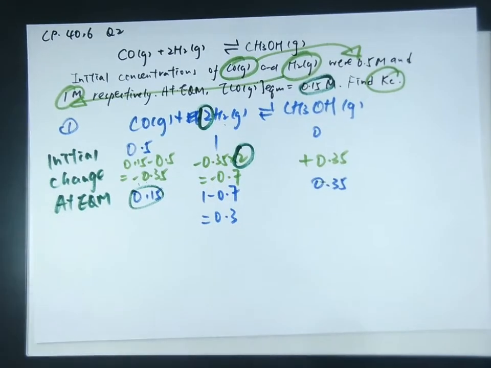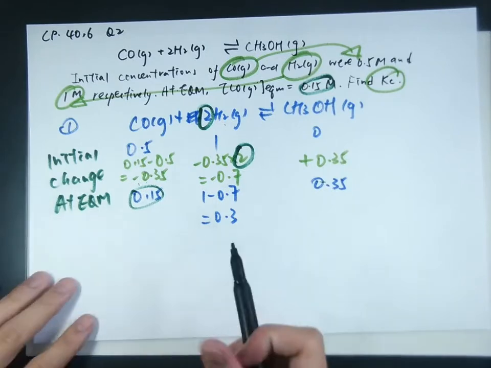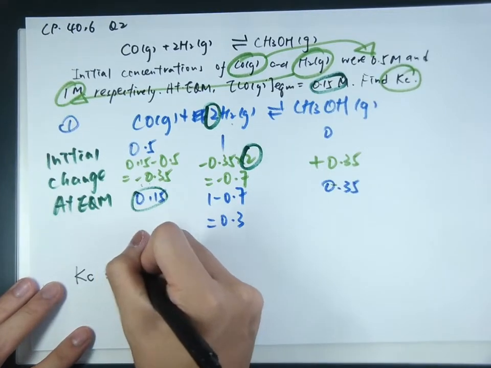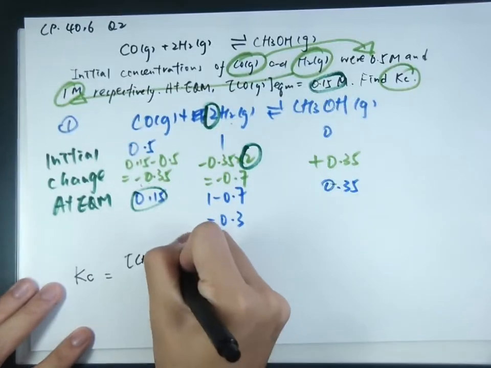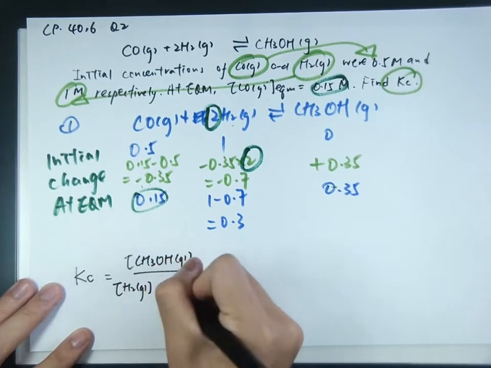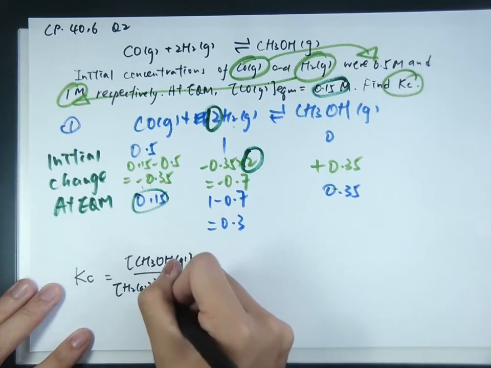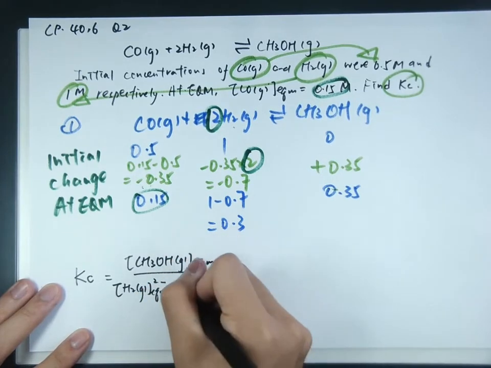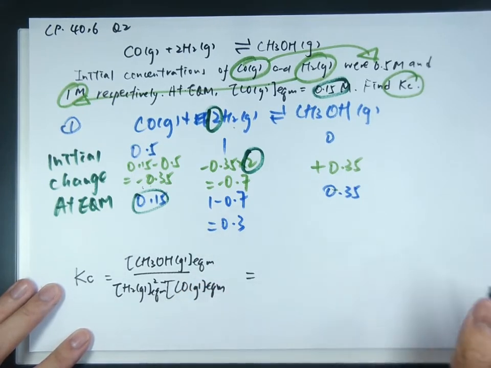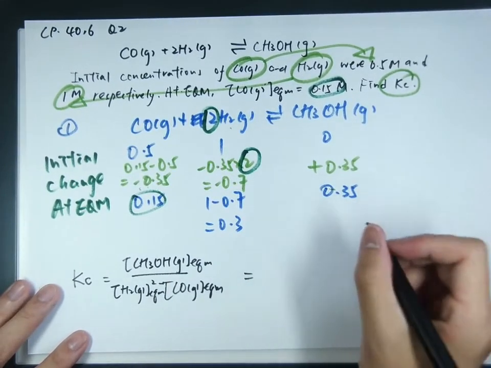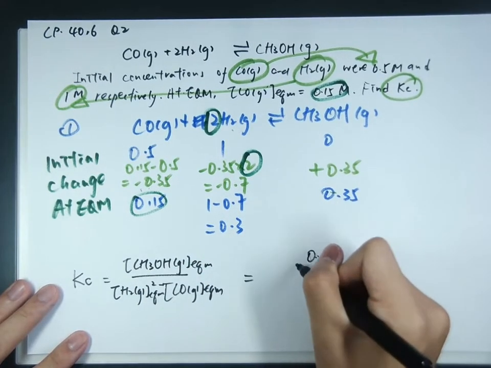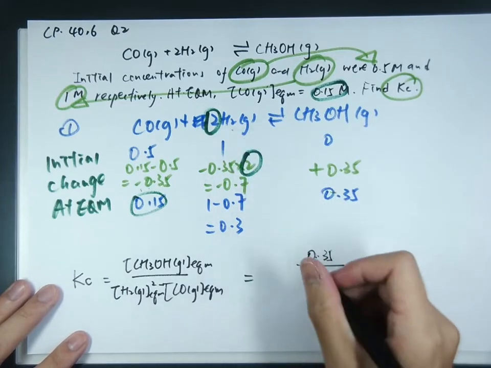How can we find Kc? First step, we put down the expression of Kc. And then CO, equilibrium concentration, equals, we substitute the corresponding value, okay? CH3OH is 0.35 over H2 would be 0.3 squared.